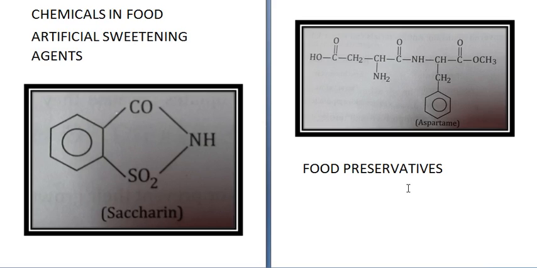Food products containing unsaturated fats and oils are susceptible to auto-oxidation, causing a rancid smell, so antioxidants like butylated hydroxytoluene BHT and butylated hydroxyanisole BHA are added to prevent oxidation or spoilage of food.